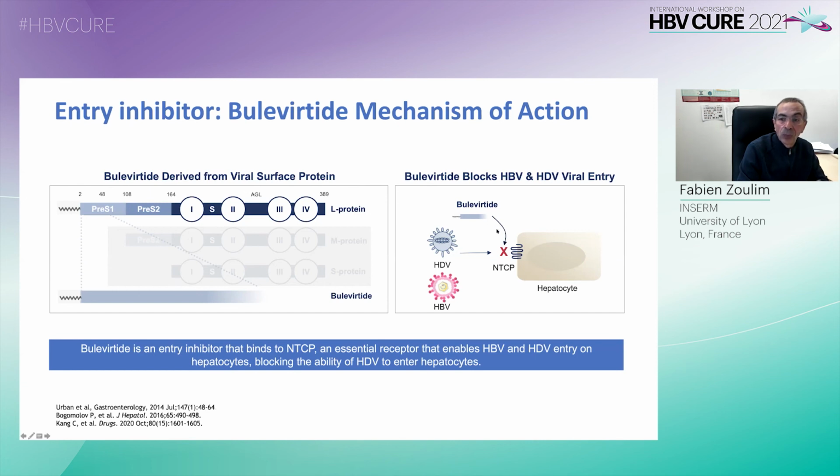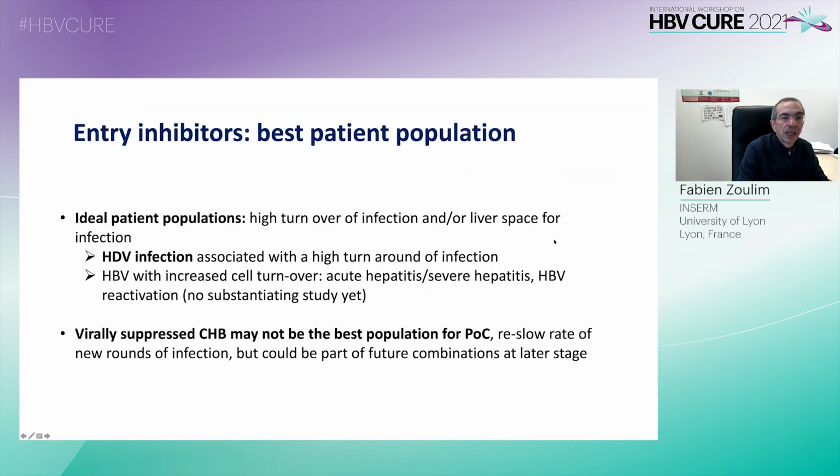So bulevirtide blocks HBV and HDV viral entry. For entry inhibitors, the best population would be a scenario where we have a high turnover of infection or a large liver space, and this is typically the case for HDV infection. This is the reason why bulevirtide is mainly developed for chronic hepatitis delta.